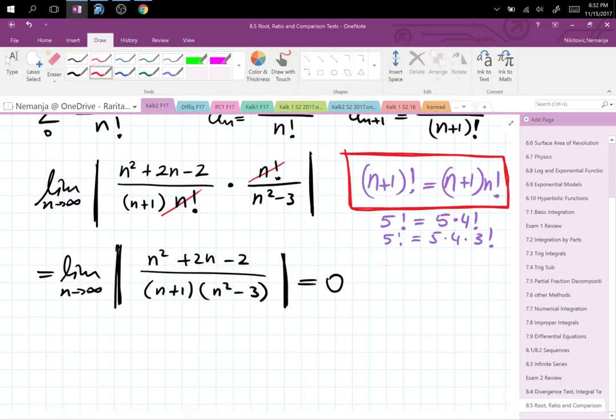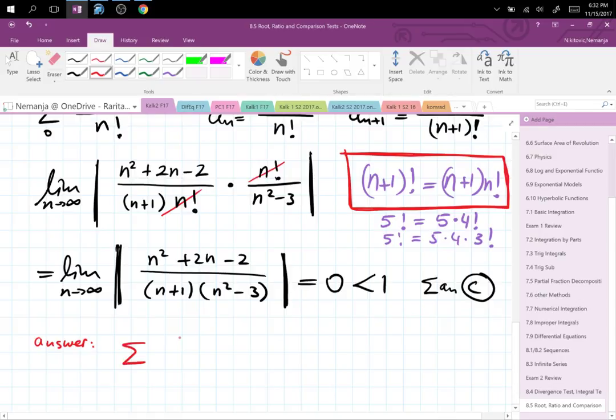So now that's less than 1, which means that our sum an converges. I will write the answer. Summation of n squared minus 3 over n factorial from 0 to infinity converges by ratio test.